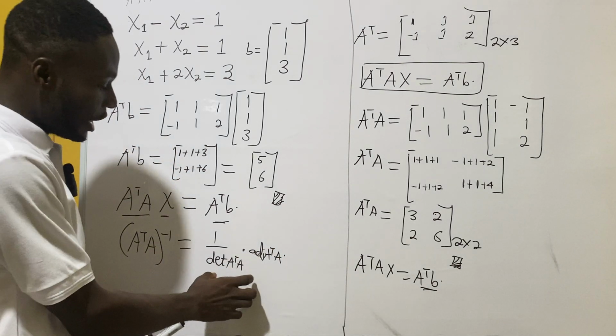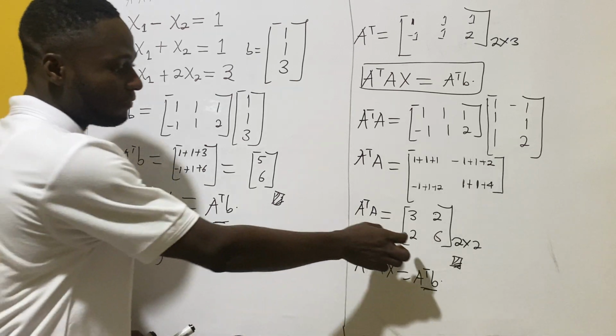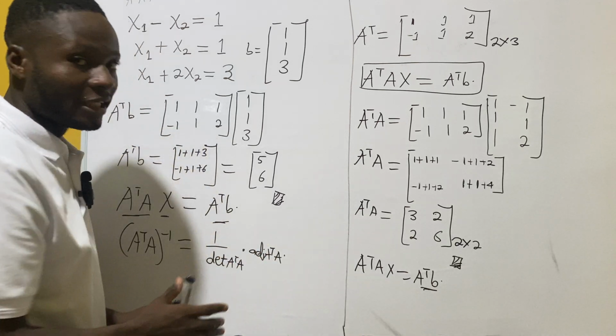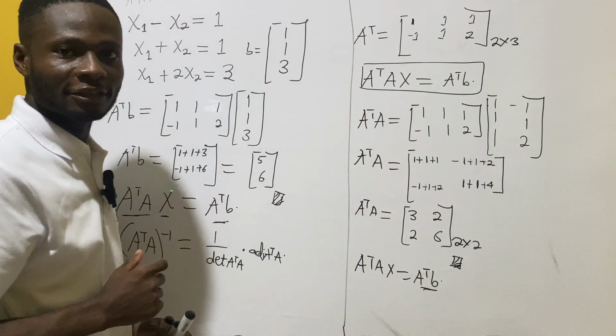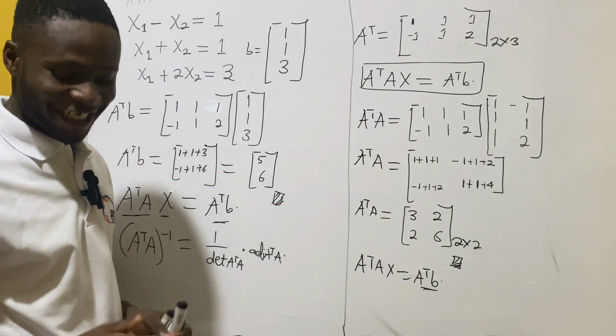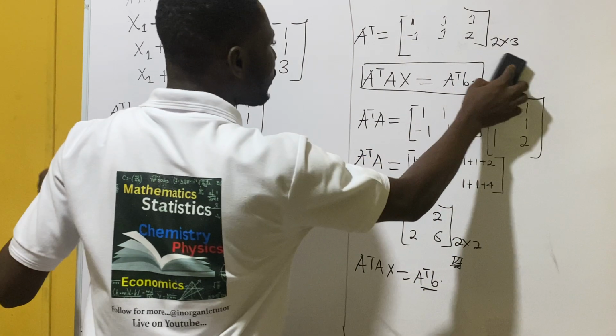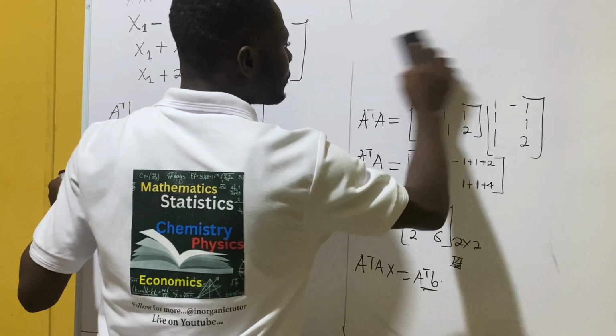So we need the determinant of this and then the adjoint of this to find the inverse of that. Very, very simple. The least square method is so interesting. All right.